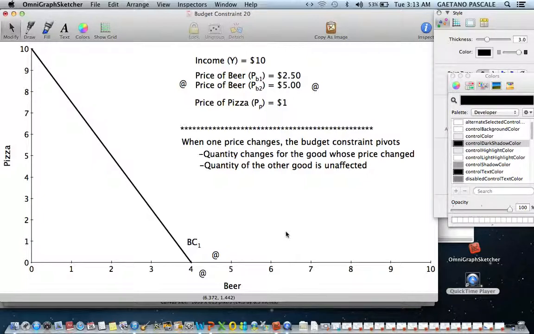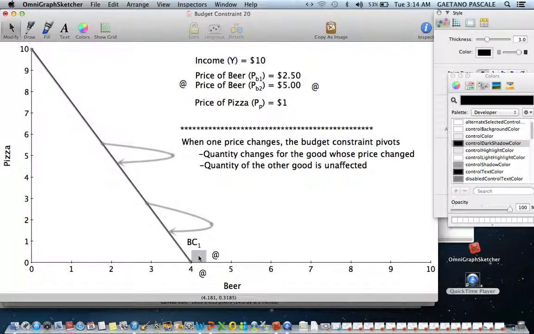It pivots on the axis where the price doesn't change. So in our example here, if I change the price of beer, the amount of pizza that can be consumed is not going to change. So we're going to stay at being able to purchase 10 pizzas and 0 beers.